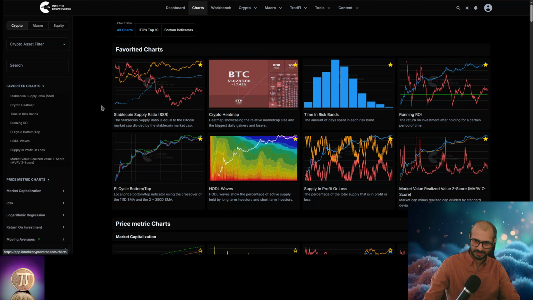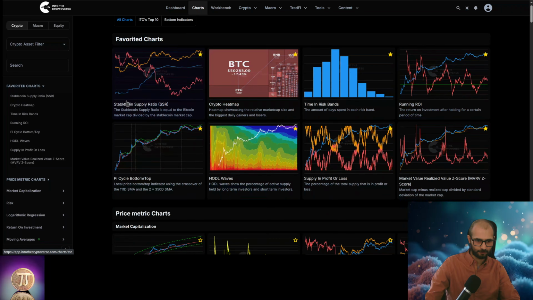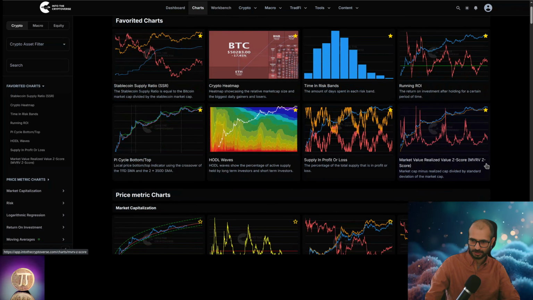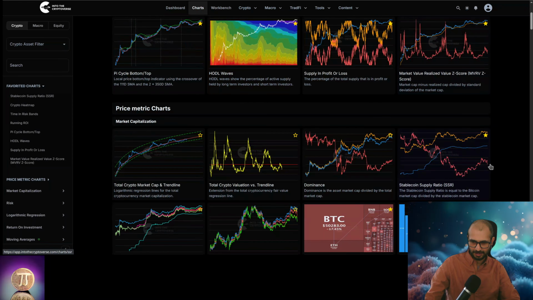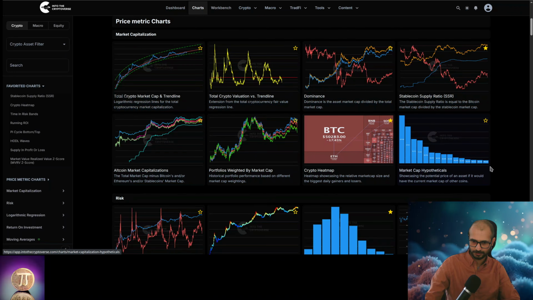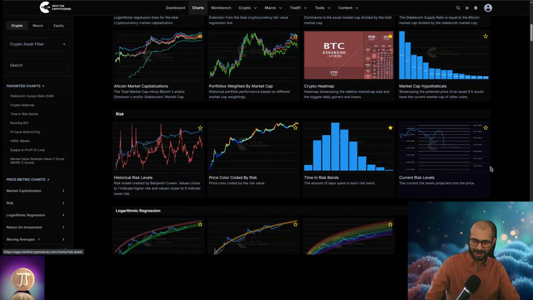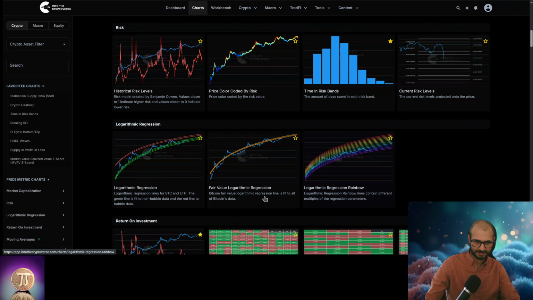He puts forward his points about uptrend or downtrend, and he gives his analysis towards it. On his IntoTheCryptoverse app, there are various charts which you would not find on TradingView, and I find them very useful to understand the high level trends. For example, here the logarithmic regression for Bitcoin, for Ethereum, or the fair value logarithmic regression.